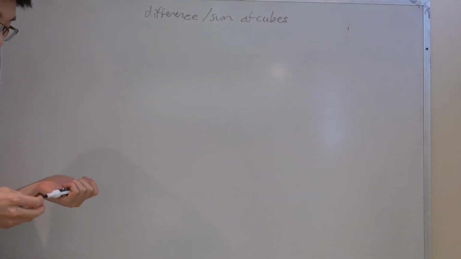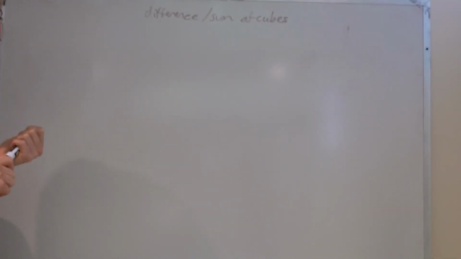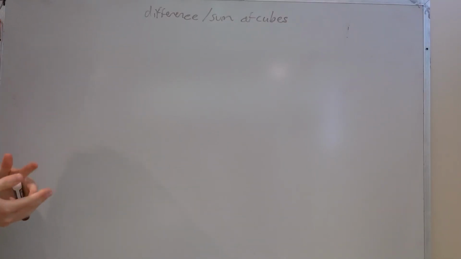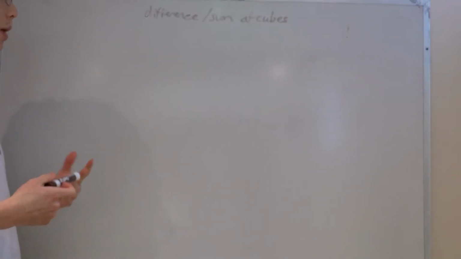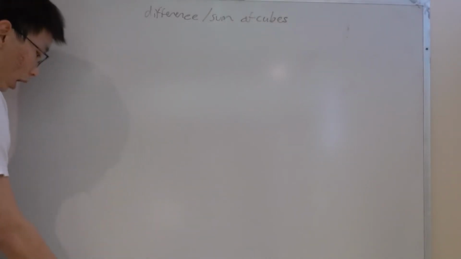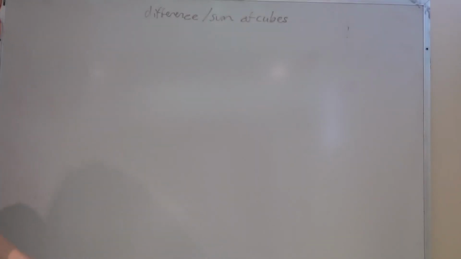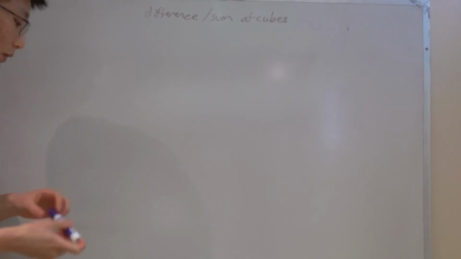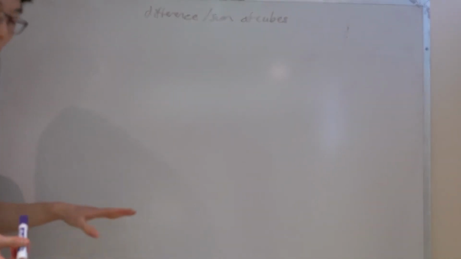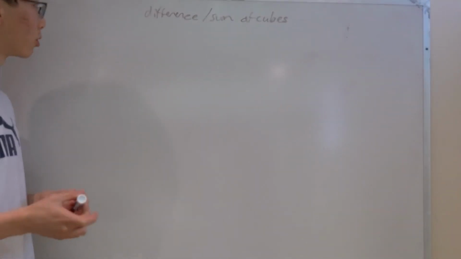So I'm going to present to you the formula, and then I'm going to ask you to verify the formula and make sure that you understand why it works. But when you're actually doing it in the real term, you won't have to do this every time. I expect you to just memorize the formula and be able to pull this out on the fly. But at least for when you're learning it, you should understand why it's true.